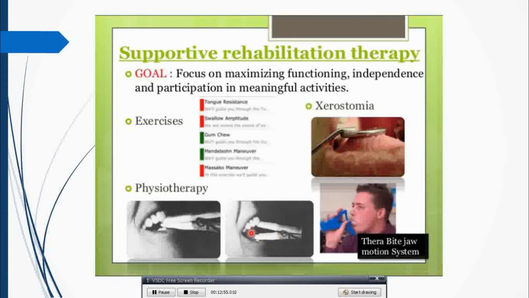So if they have a clenching jaw, maknanya mulut dia tak boleh dibuka, dia cuba bantu untuk buka semula. Another one is they have this terabyte jaw motion system. That means it's used to help regain the function, so maximize the mouth function, right?